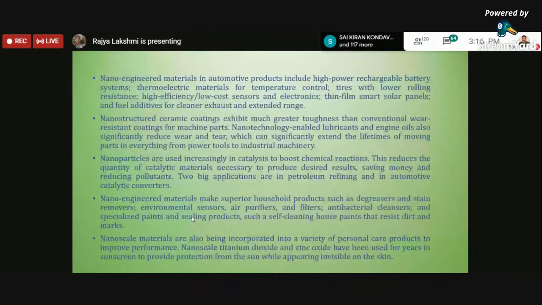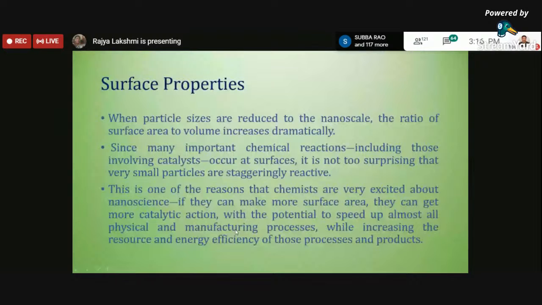Absorption, adsorption, solubility, each and everything it is. Dust removal means absorbing the dust. So based on many household requirements, people are trying to fabricate many products with nano-based structures. And even surface properties, already I have mentioned.